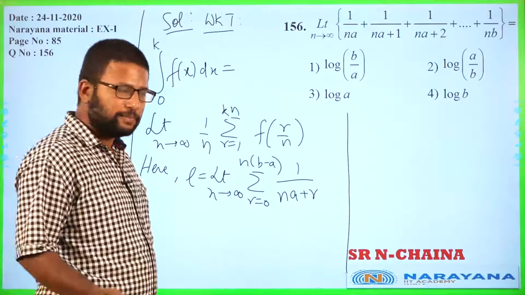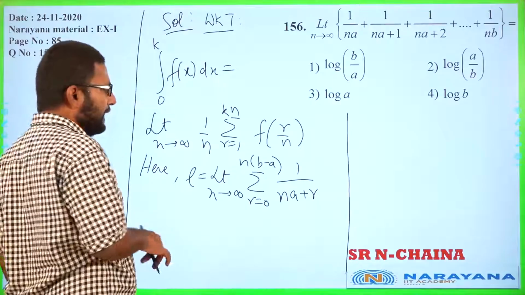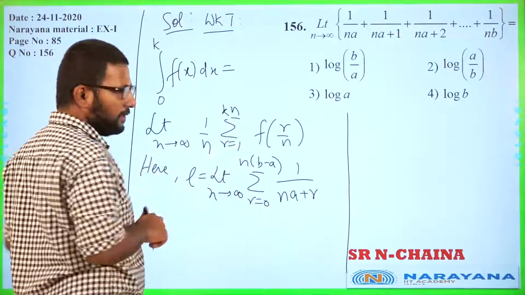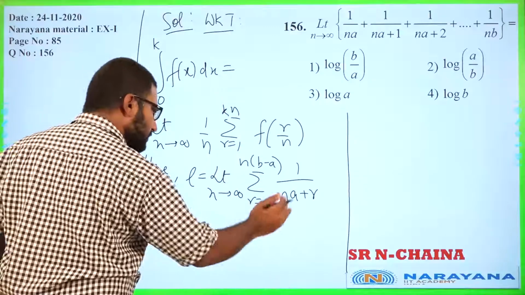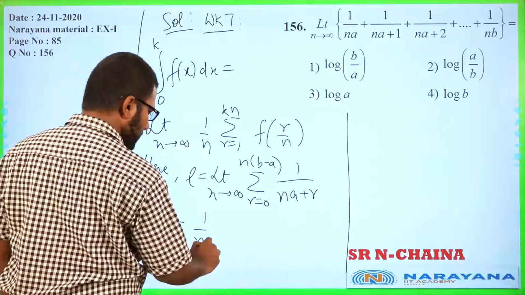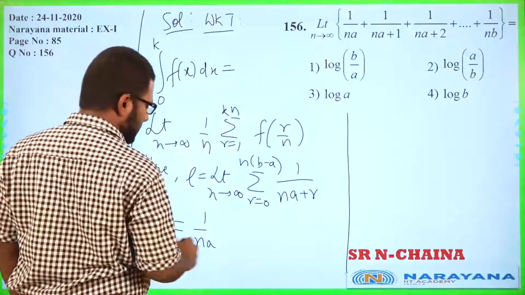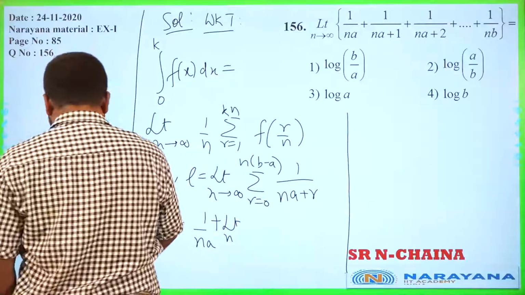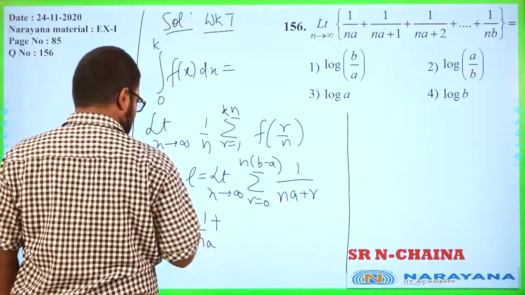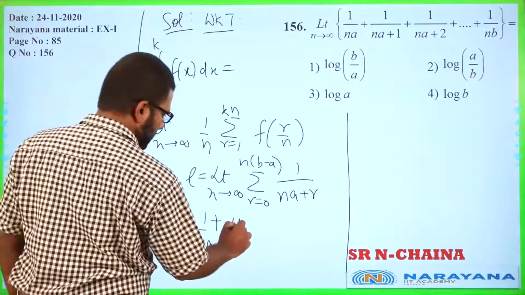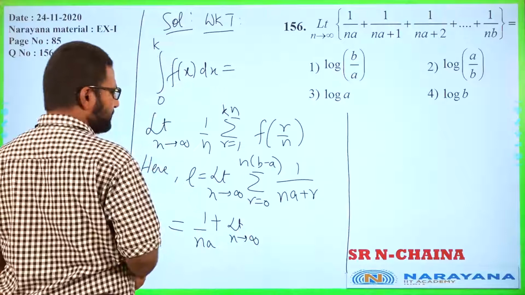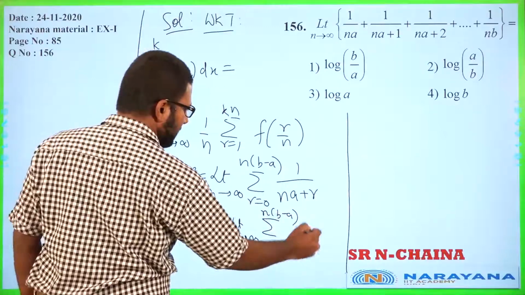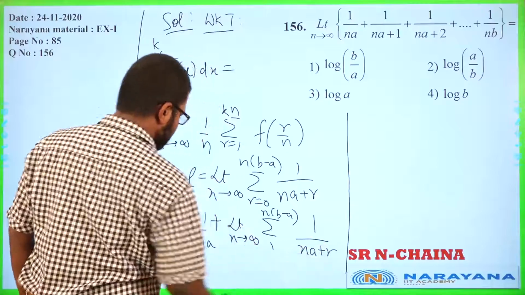Yes, and that almost fits into this, except that there is this r equal to 0 term that we don't want. So we will take that r equals 0 term outside. We will say it is 1 by na, just that one term we are taking outside, plus limit n tends to infinity summation r equal to 1 to n times b minus a, 1 by na plus r, right?